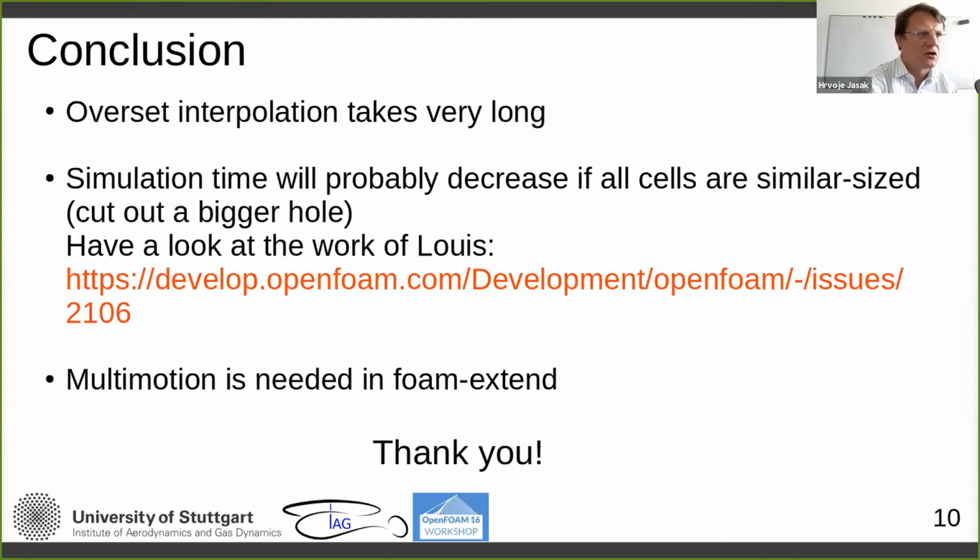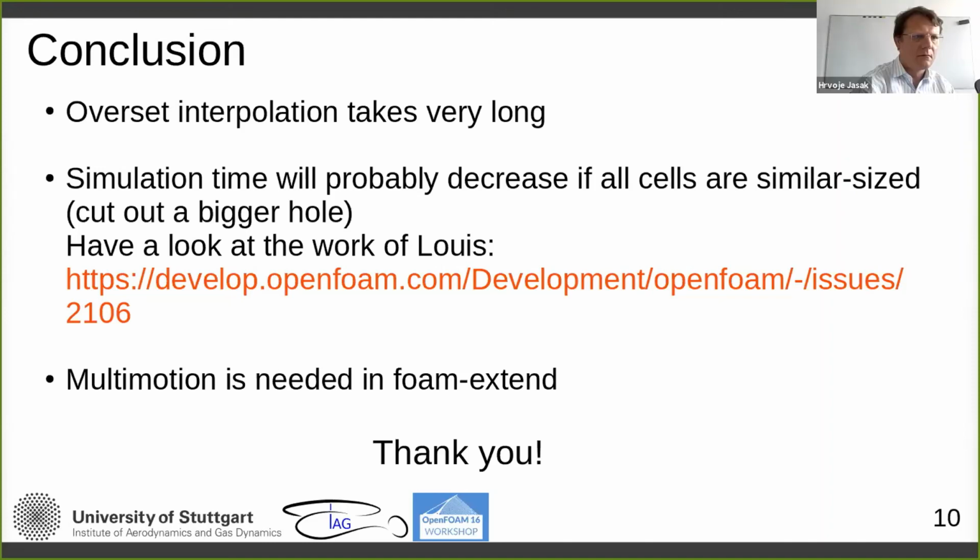The second question is from Håkan Nilsson. He says there are interpolated cells both close to the blade, which are small to resolve the boundary layer, and at the edge of the overset mesh, which are much larger. Both of these must be interpolated from the respective mesh to the other mesh. Is it then possible to keep the interpolated cells of the same size? Do you have any recommendations of how to deal with this problem? Yes, this is the issue that I've seen as well.